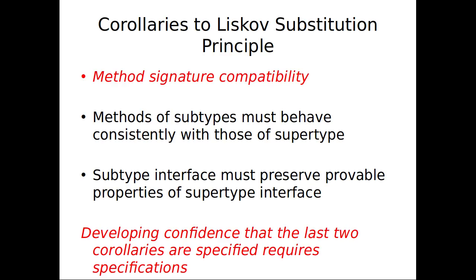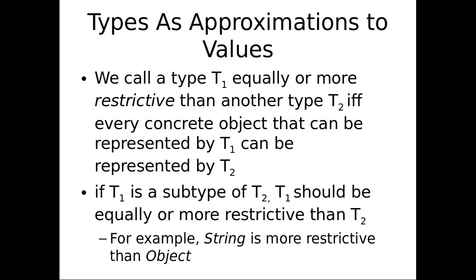So, ladies and gentlemen, this has several implications. One is signatures. If we have a method in the supertype that takes certain arguments, the subtypes for that supertype need to have the corresponding method take certain corresponding sets of arguments.